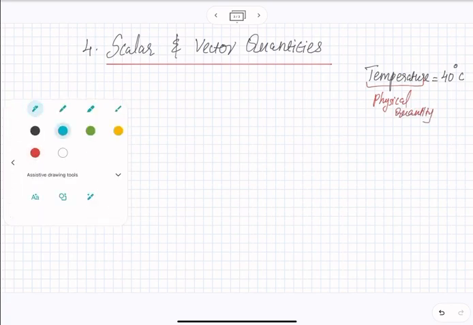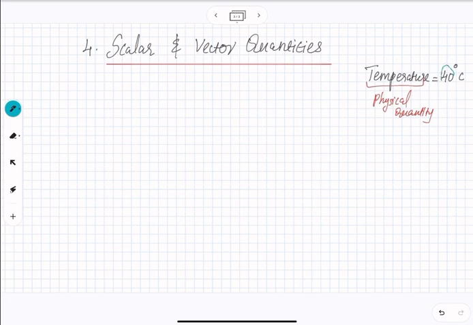The value is known as magnitude. It will have a number, that is magnitude. Then degrees Celsius, which is the unit. So basically this is how we represent any physical quantities, where we will have the physical quantity, the magnitude or the value which is represented in a number with a unit.